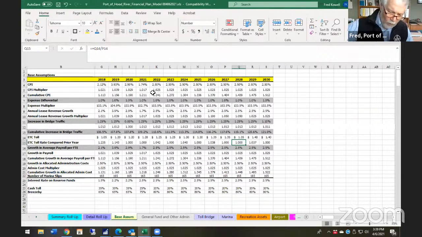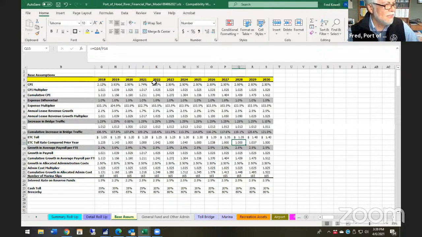I look forward and basically on average, over a 10-year period, our CPI is hovering around 2.5%, a little bit less actually, but some years it'll be a little more. But so I use about 2.5% inflation going out into our costs and our revenue.